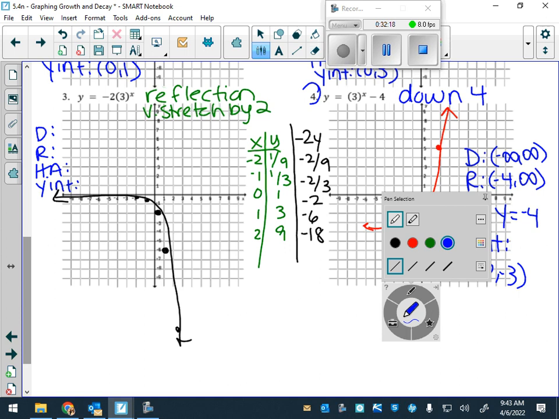What would be our domain? -infinity to infinity. Good. What would be our range now?